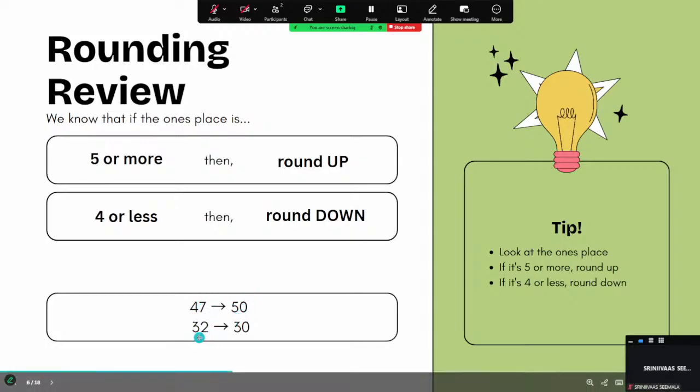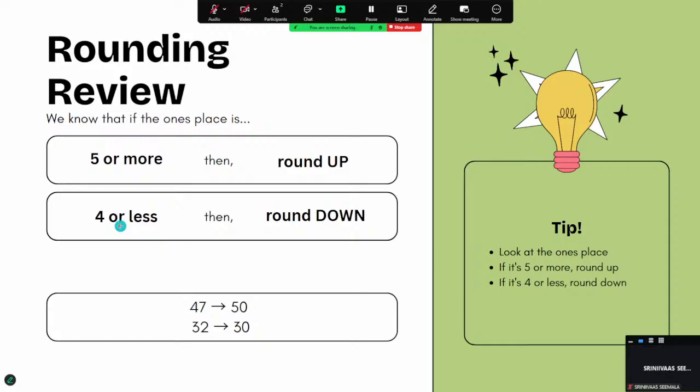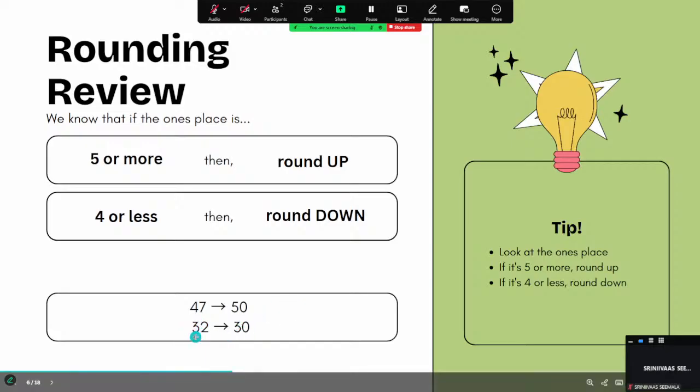Now for 32, we look at the ones place, which is 2. The 2 is 4 or less, so we round down. When we round down, the tens place stays the same and the ones place becomes 0, so we get 30.